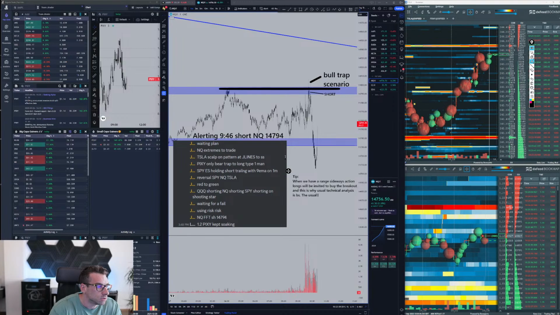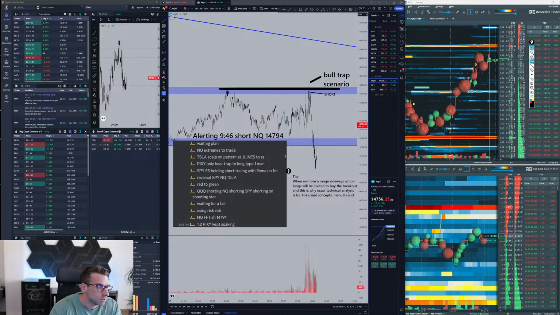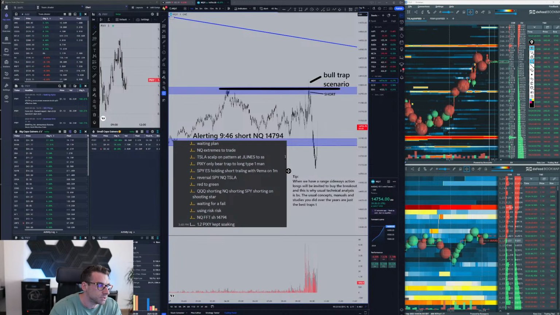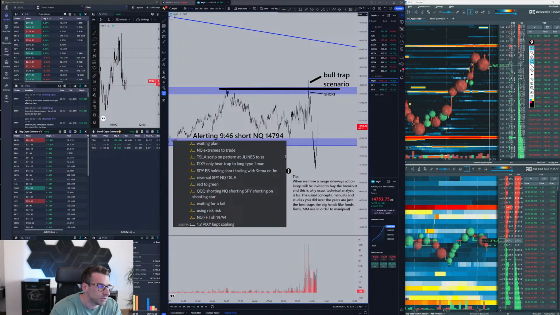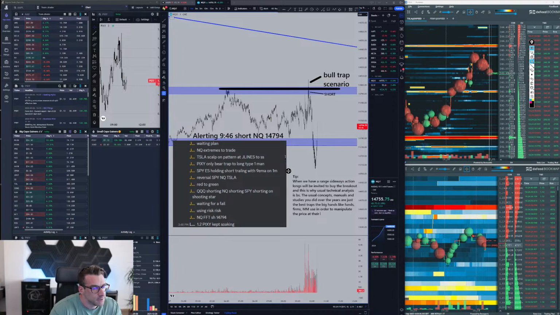The usual concepts, manuals, and studies you did over the years are just the best traps that big hands like funds, firms, we say market makers, okay, using the algorithms, use in order to trap, in order to manipulate the price at their pleasure, in their favor.